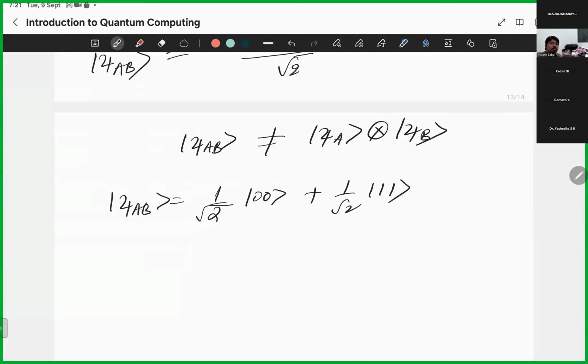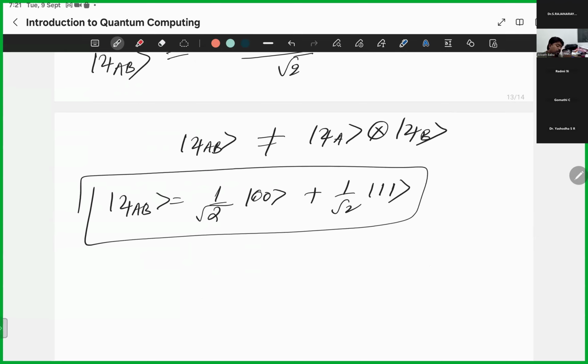This is a quantum state I have. Now what happens? They exist in this quantum state, but physically we can separate them and put them into two separate boxes. Let's say there is an atom A in one box, atom B in another box. Physical separation doesn't mean quantum mechanical separation.